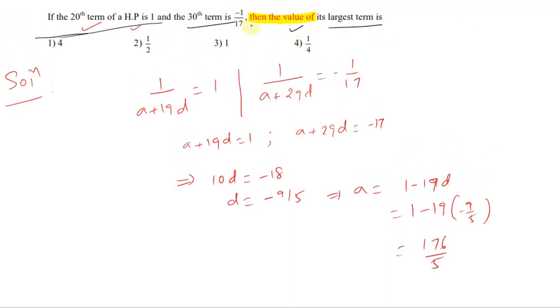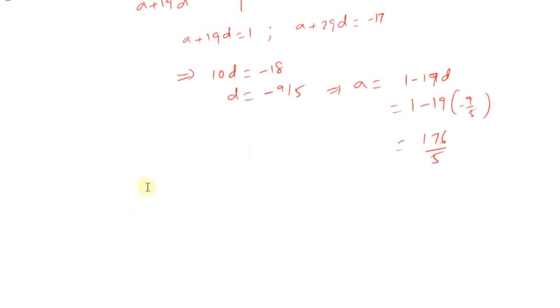Actually, what is given, what we have to find? The value of the largest term. So we don't know which one is the largest term. So let me take the nth term as the largest term. So let me calculate the nth term of this. Now the nth term of this AP is Tn equals 1 by A plus n minus 1 into D. So this is in HP.